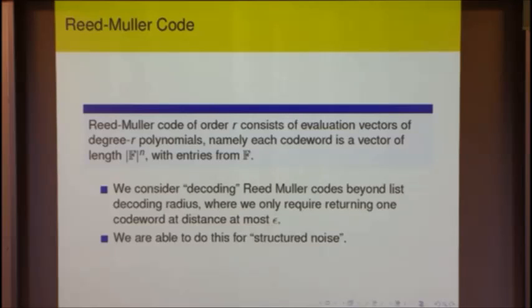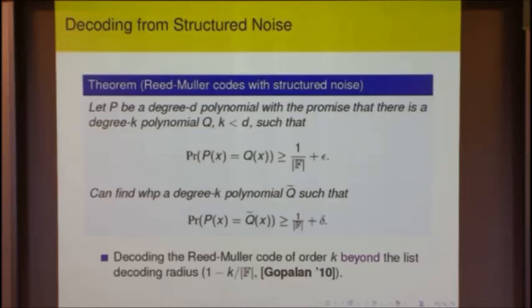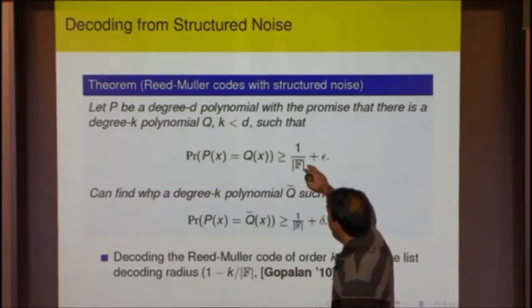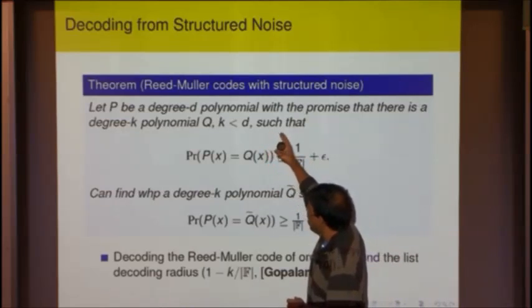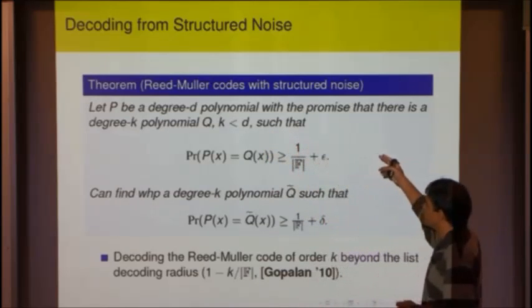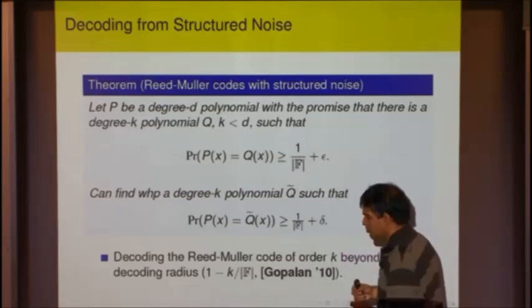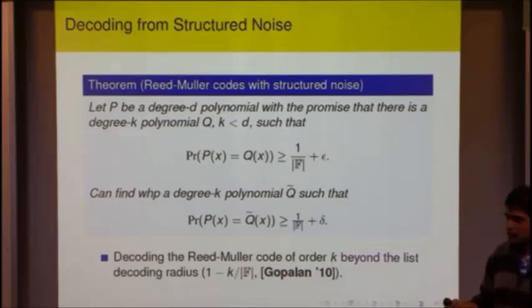And so our main theorem is that we can do this for structured noise. What this means is that if your given word is also a polynomial, a degree d polynomial for d larger than k. So we are concerned with Reed-Muller codes of order k, and you are given something which is a polynomial of degree d more than k.